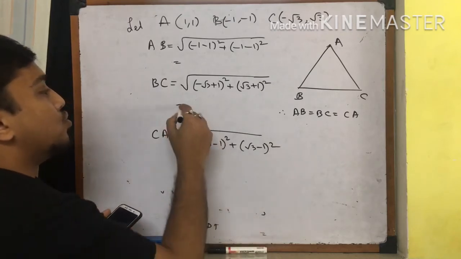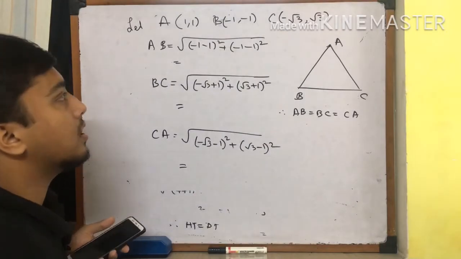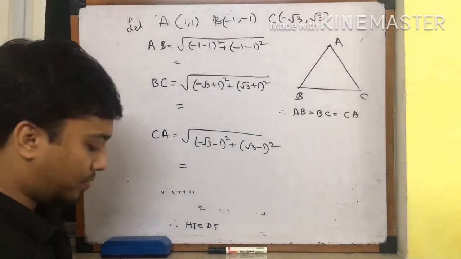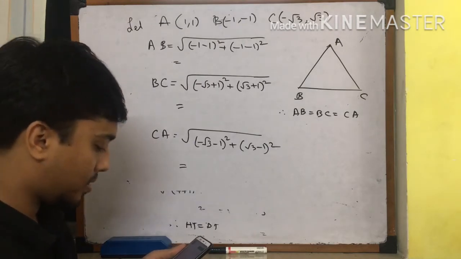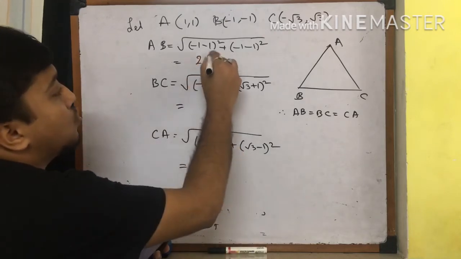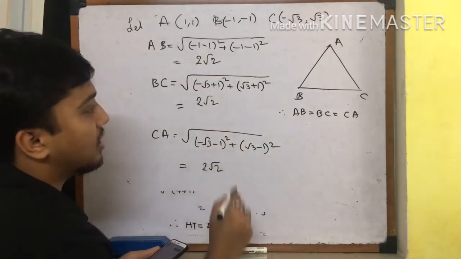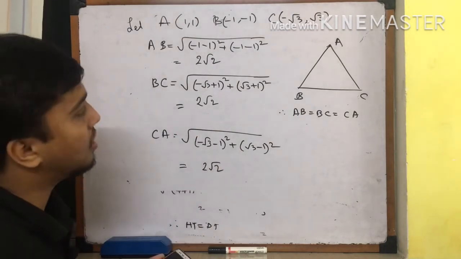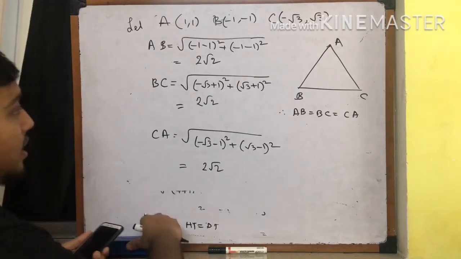So we have to show that the values are all equal. Then it can be proved that they are equal. So that is 2 root 3. All the values are 2 root 3. Therefore, all the sides are equal.